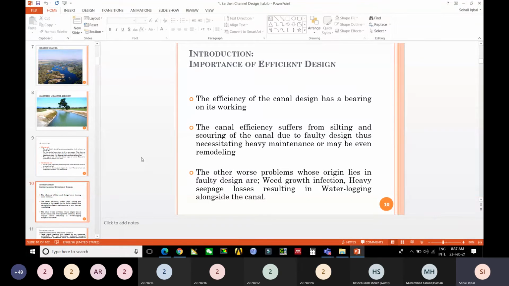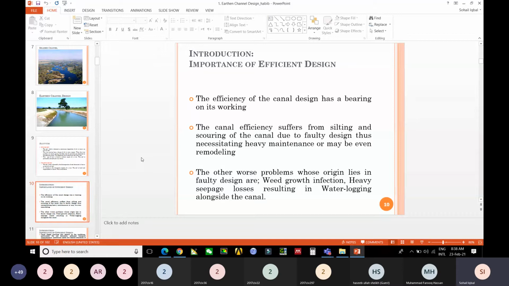So we have to make maximum effort to line the canals so that there will be minimum loss of water. Evaporation is a natural phenomenon. Anyhow, other phenomena such as seepage or waterlogging will be minimal if the canals are lined.